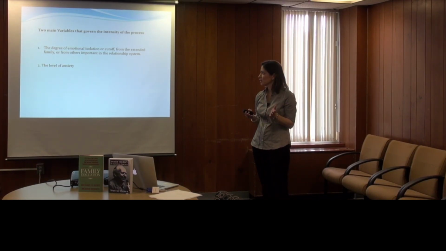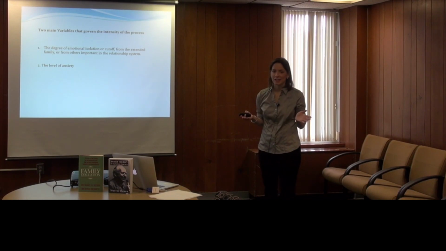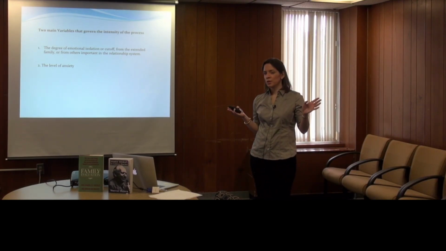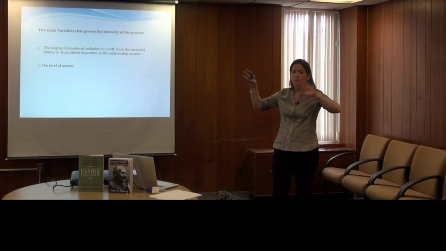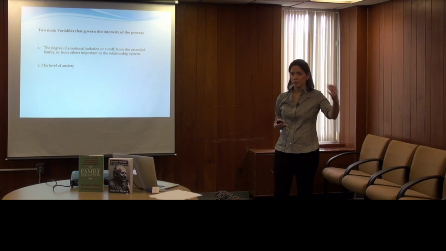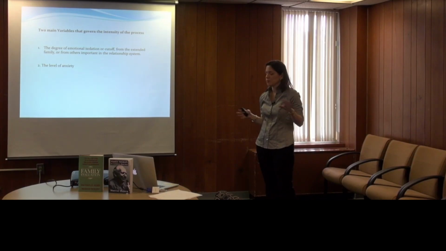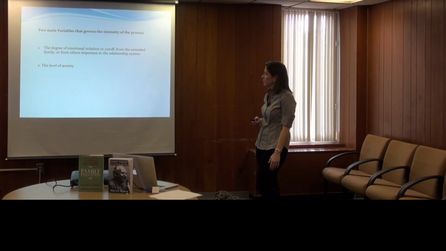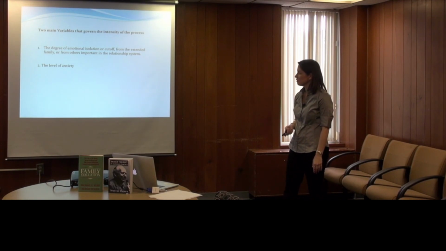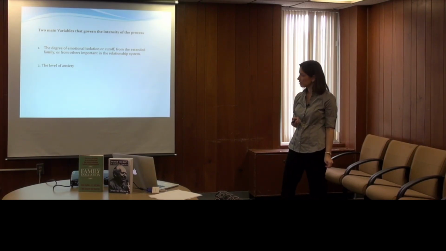That's why in Bowen Theory, if you participate in the theory like I did, they encourage communication with extended family members on both sides, and encourage you to bridge cutoff, because it reduces the anxiety within the family. And of course, the level of anxiety affects how intense these processes are.